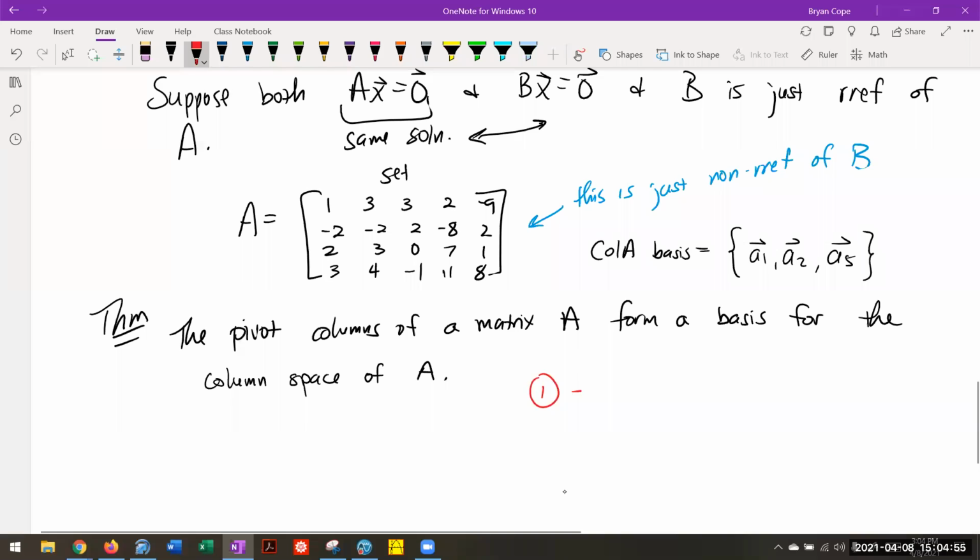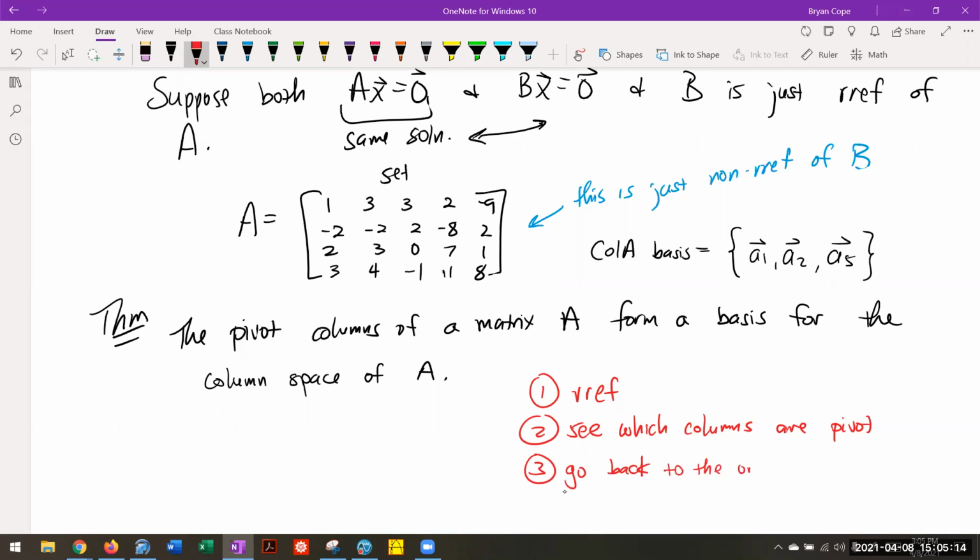Step 1, ref. 2, see which columns are pivot. 3, go back to the original matrix and list those columns as basis.